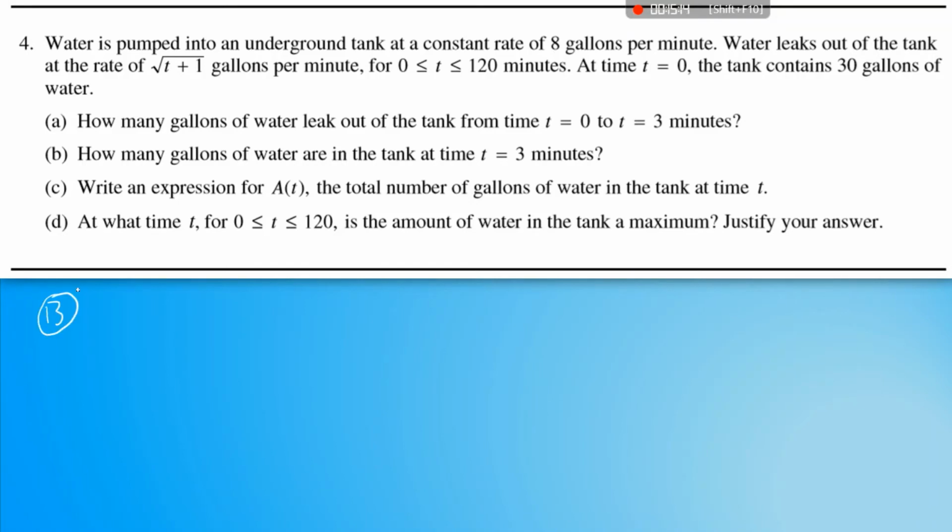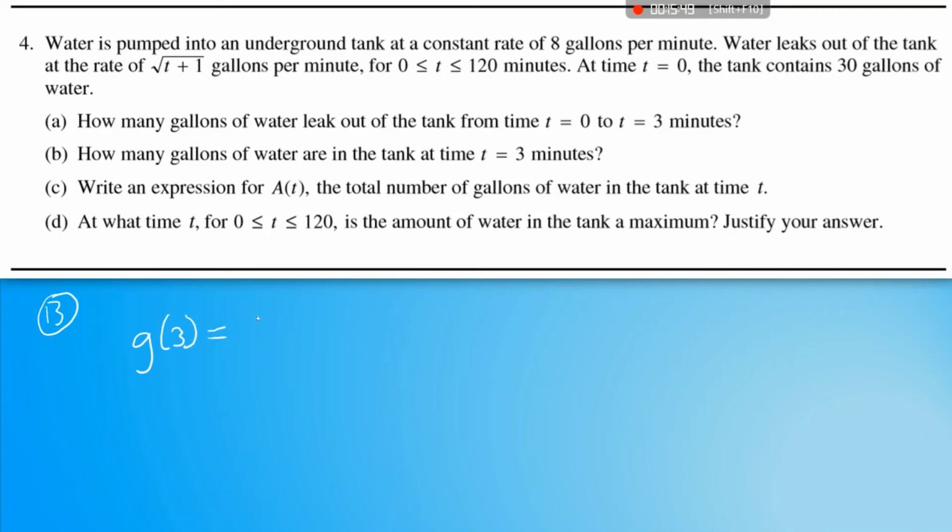Okay, Junho, if I want a formula for how many gallons of water total would be in the tank at 3 minutes, what would my formula be? Okay, so I've got 3 parts.